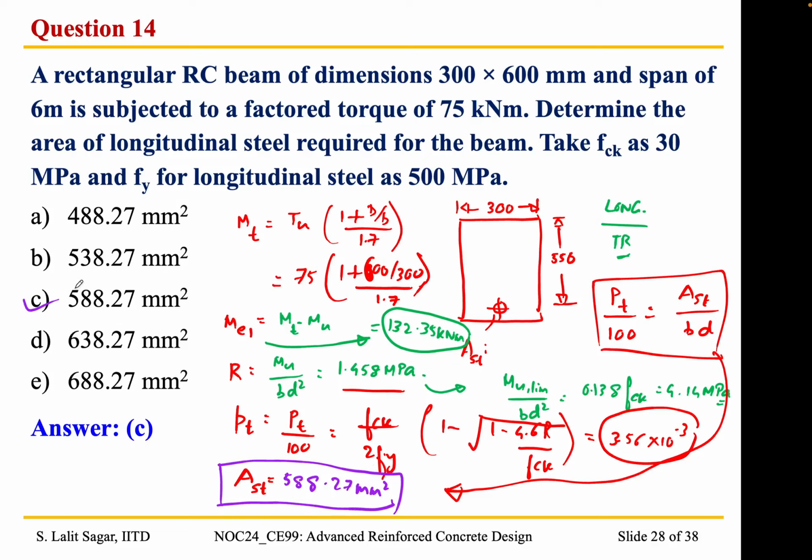Since there is no bending moment acting on this, because of the torsion, it can be subjected to either sagging or hogging bending moment. So we need to provide this amount of area of steel in both the bottom as well as the top region. When I calculated the amount of bars required, considering 16 mm bars, I obtained 3 bars of 16 mm diameter.